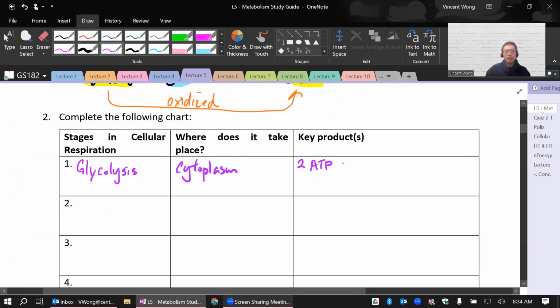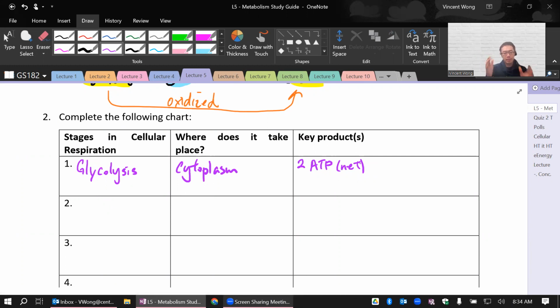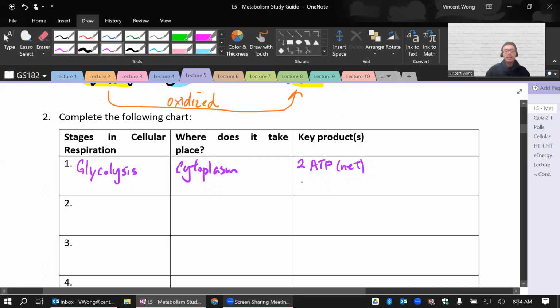And I want to remind you, this is net because we invested 2 ATPs in the energy investing phase. And then in the yielding phase, we get 4, which is why net is just 2. 4 minus 2 gives you 2, right? In addition, we also get 2 NADH as well as 2 pyruvate.